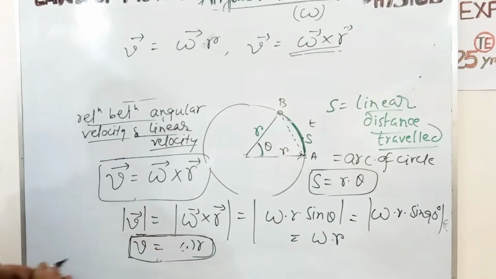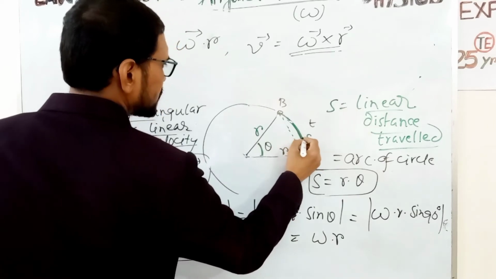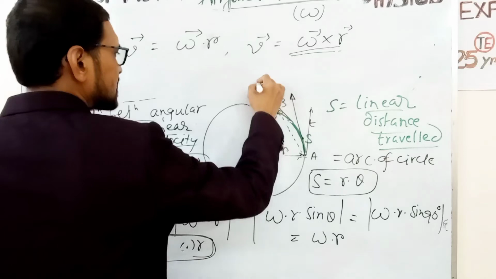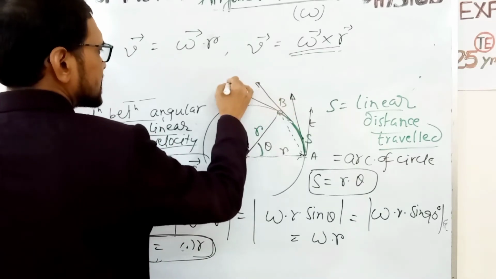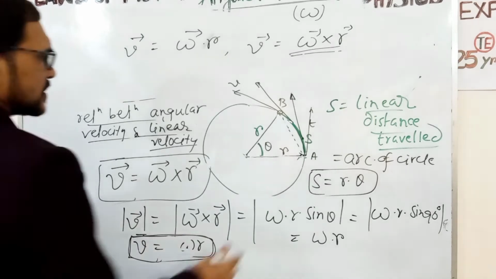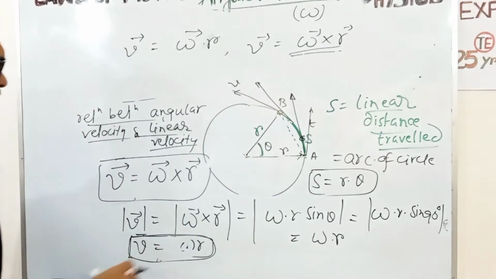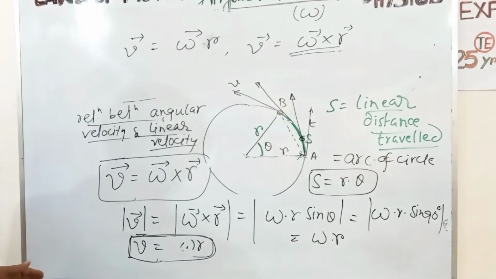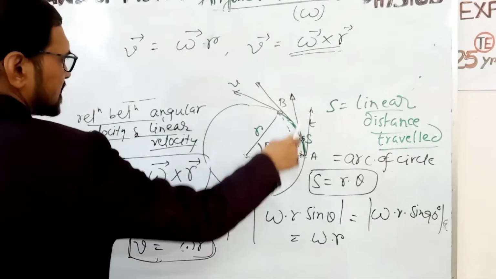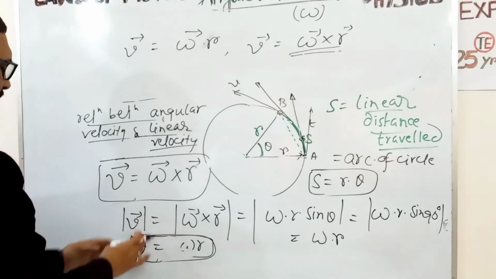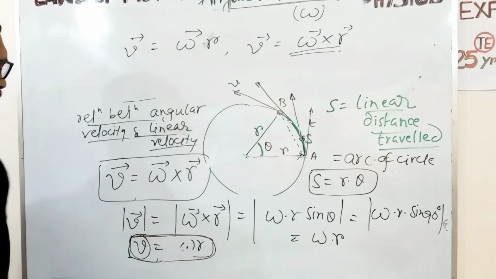Suppose the direction of velocity is along the tangent here, so the direction always changes. But at a particular moment we call this the velocity. Velocity is a vector, it has a particular direction, but the magnitude of the velocity is the linear speed.